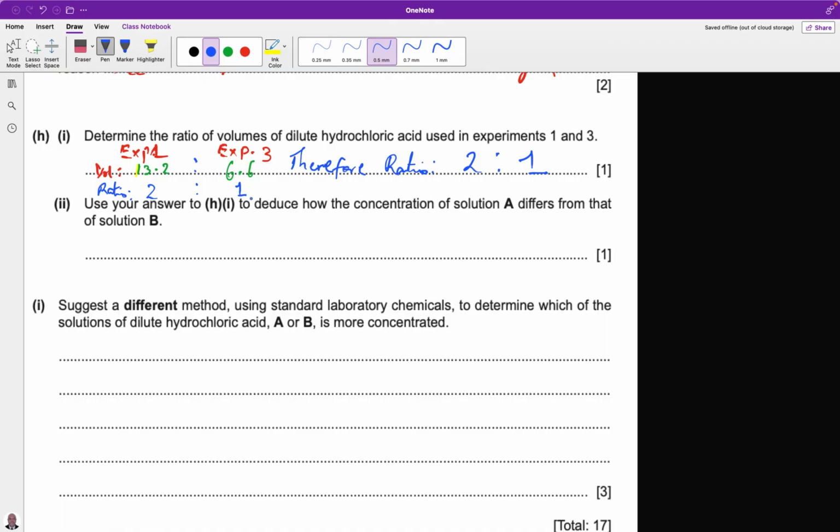We are indirectly saying that the hydrochloric acid of A required more volume to attain the endpoint.